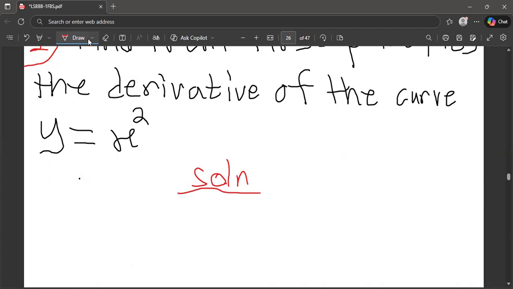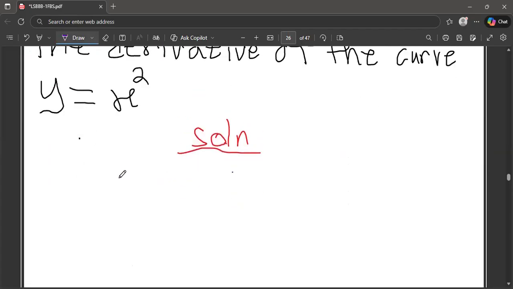First of all, I have to repeat my question for 1 mark. So y is equal to x exponent 2. They say I should solve from the first principle.